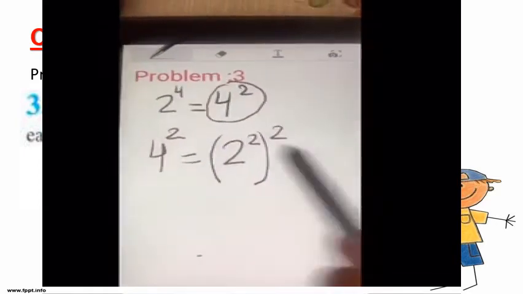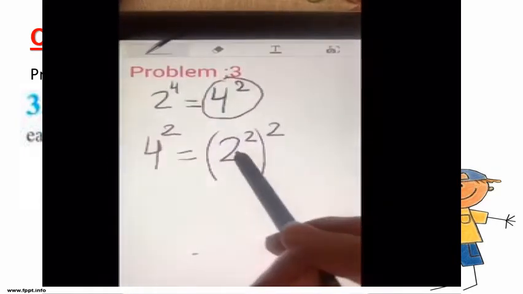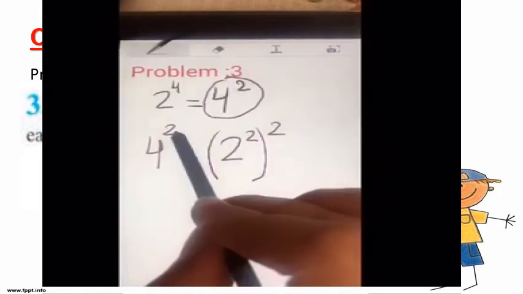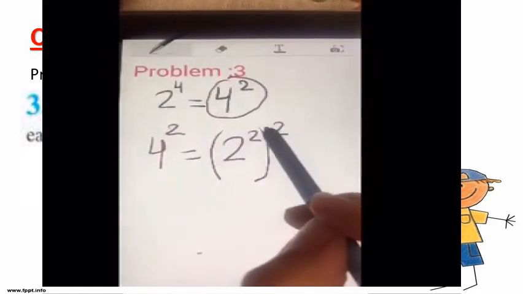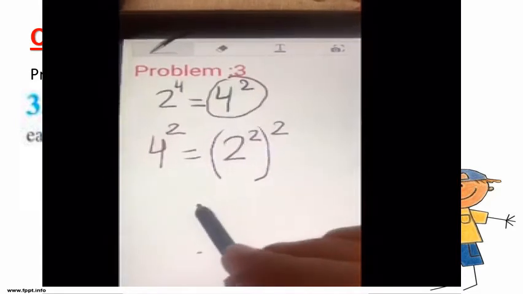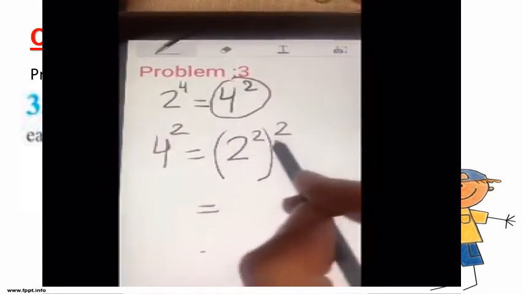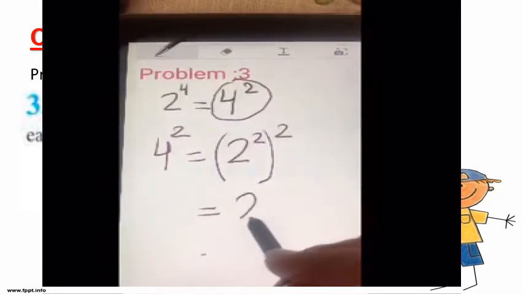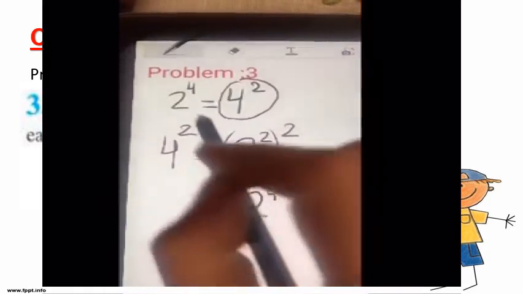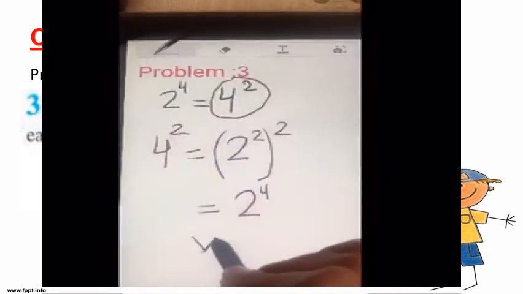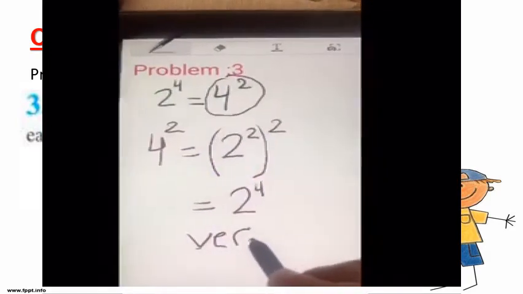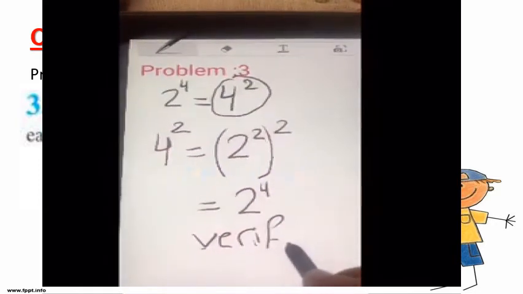I will repeat, 4 is equal to 2 squared, and the 2 outside I keep it outside. Here I have parentheses, so I multiply the exponents to get 2 to the power 4, this one. So it is verified.